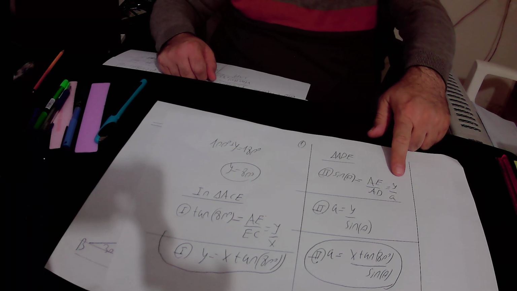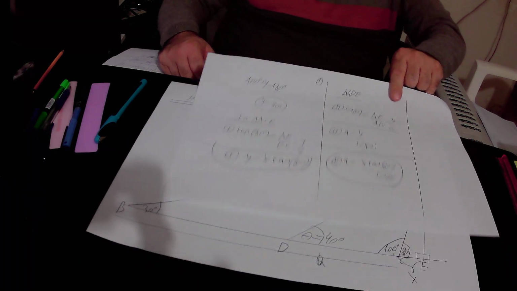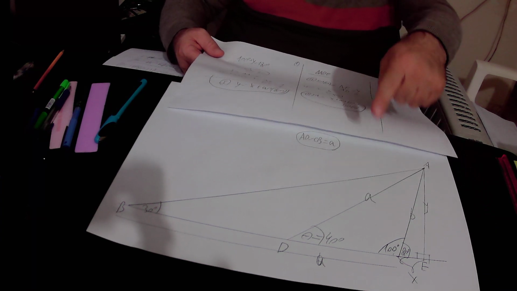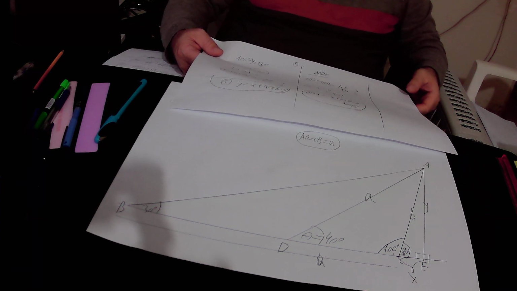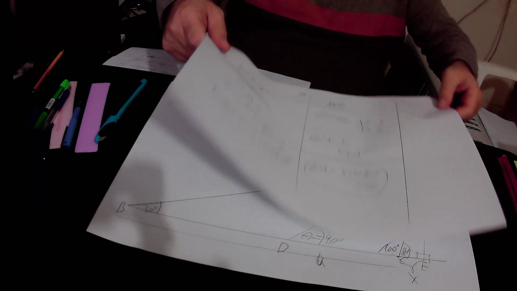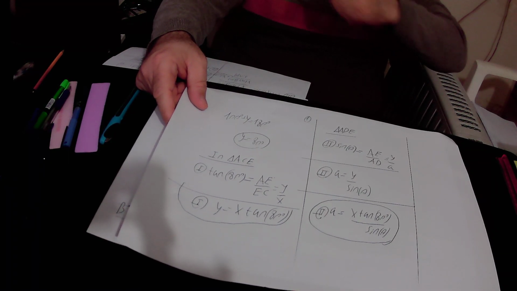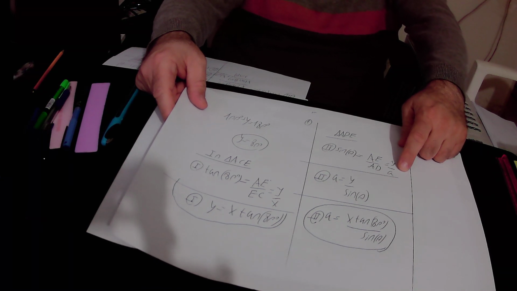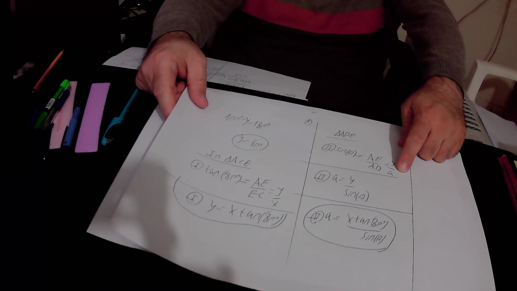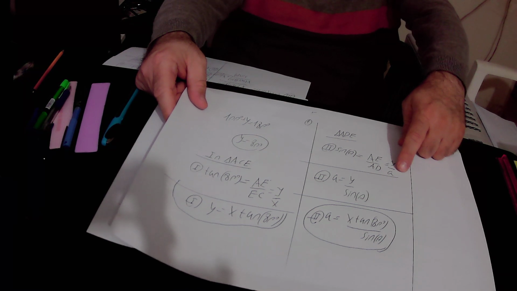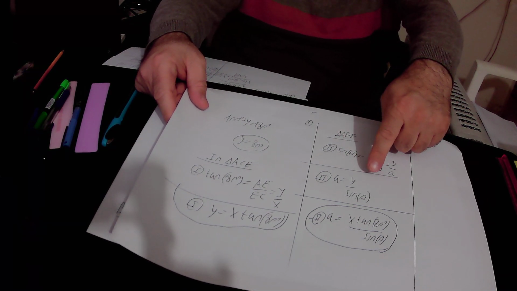AE equals y according to our definition, and AD equals a. So, in conclusion, we found out that sine theta equals y over a. Here we multiplied equation number 2 by a, and then we divided it by sine theta, and we got that a equals y over sine theta.